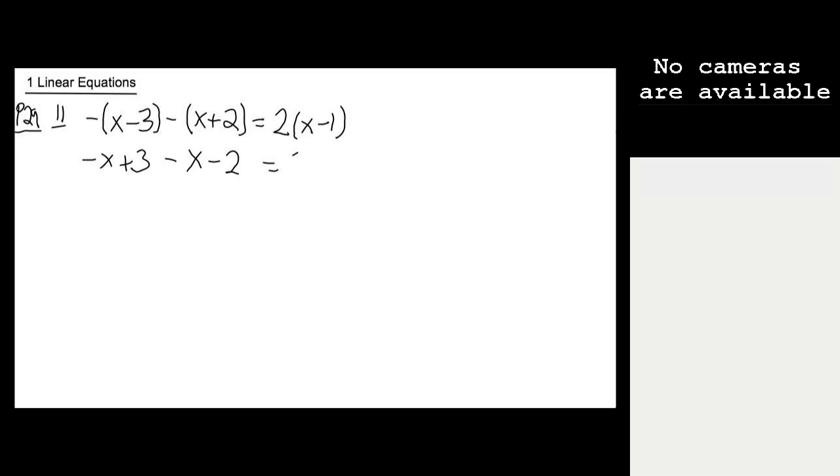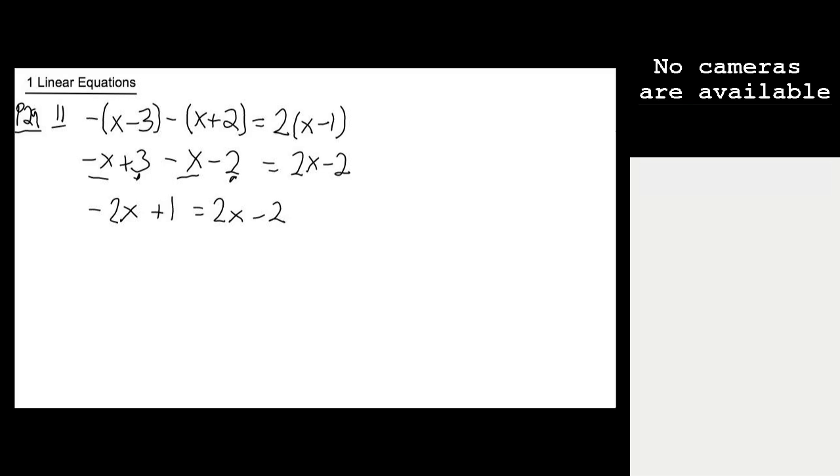So now we'll put the x terms together first of all. So you've got negative x, so that's going to give you, of course, negative 2x. And then we'll put the other ones together, 3 and -2. Plus 3, negative 2 will give you plus 1. And that's equal to 2x take away 2. So now it depends how you're taught this or how your teacher shows you.